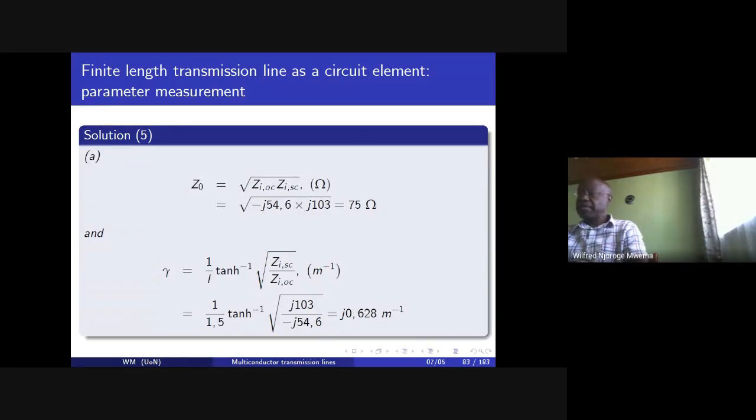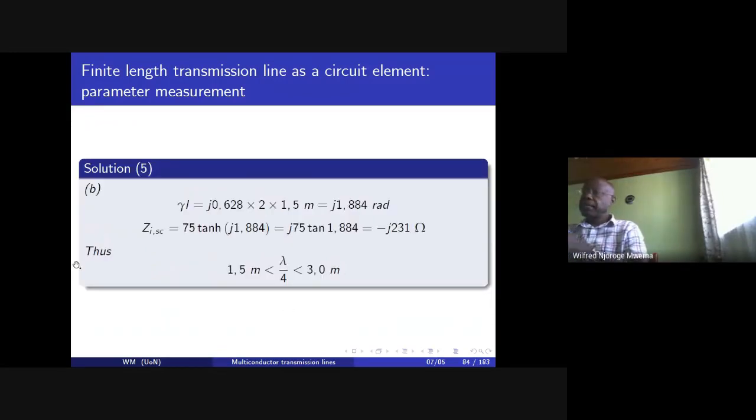radians per meter. For part B, gamma multiplied by L, we multiply that by its value and get the total value, and then from the value of ZIOC, we can get that as 75 ohms multiplied by the hyperbolic tangent of J 1.884, which are computed there, and we get a value of minus J 231 ohms.